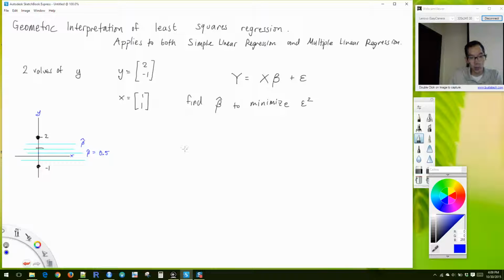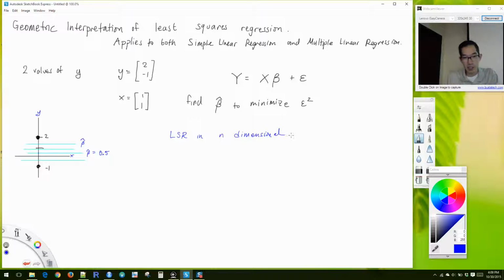So I'm going to show you least squares regression in n-dimensional space. And because I'm drawing on a 2D plane, I'll do this example again at a higher dimension, but I'm limited in how many dimensions I can show on a screen, which will be 3.